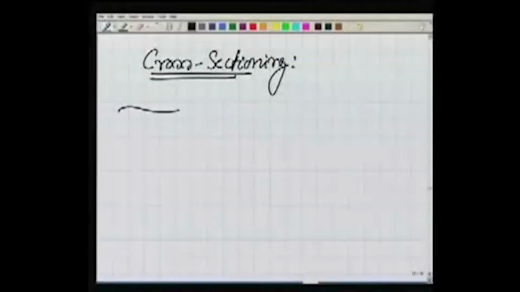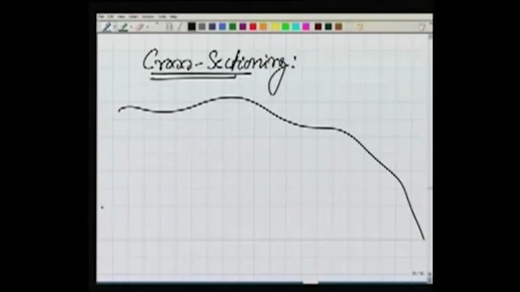But if you are interested in a wider strip, a big highway, such as a 4 lane, 6 lane or 8 lane highway, we are interested not only in one line, but in a broad area. So if this is the area for which I want to know the topography, we would like to carry out a cross section.